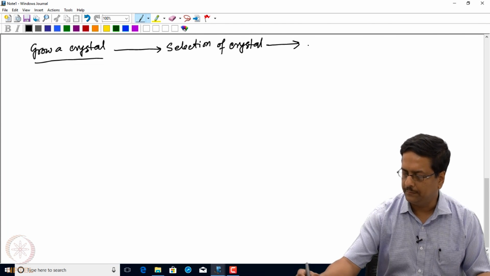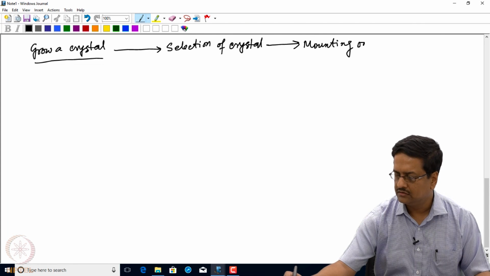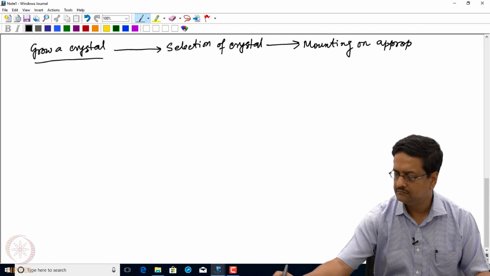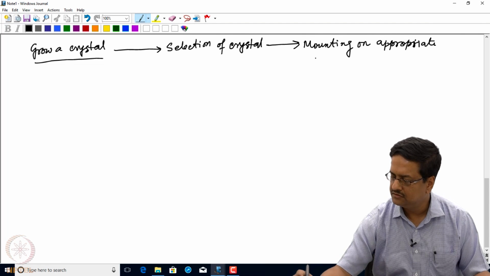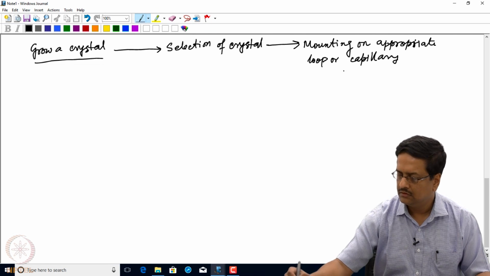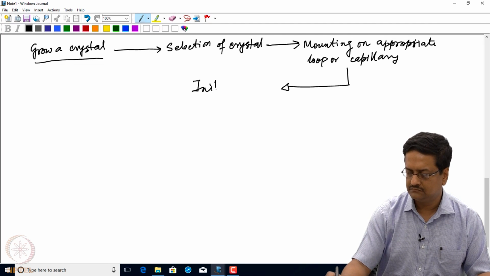Then we do a mounting on an appropriate loop or capillary, and then we collect initial data.